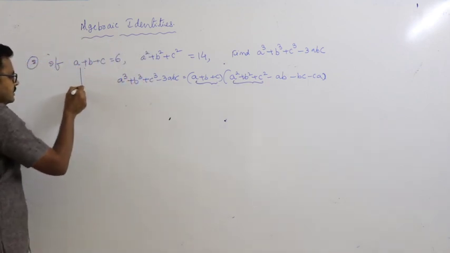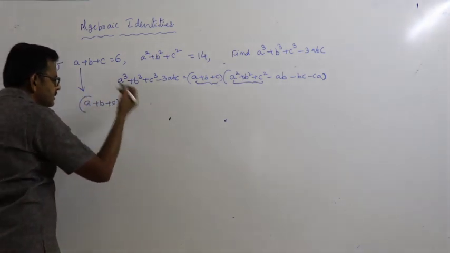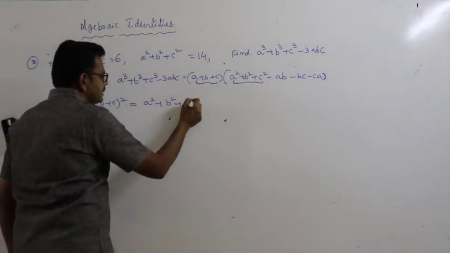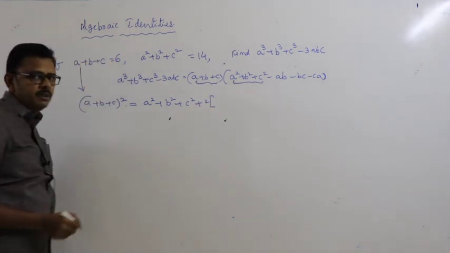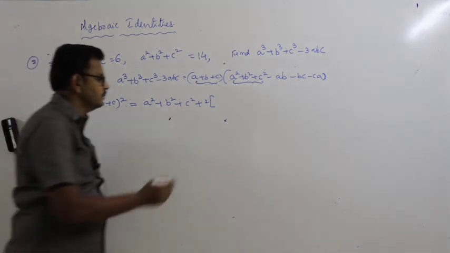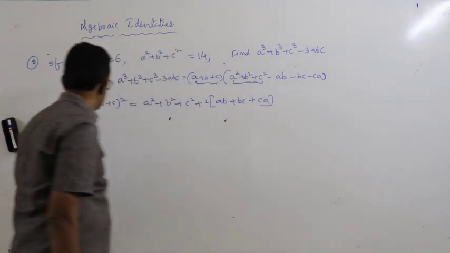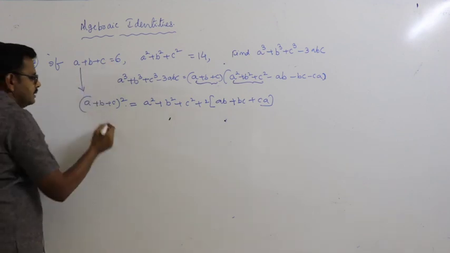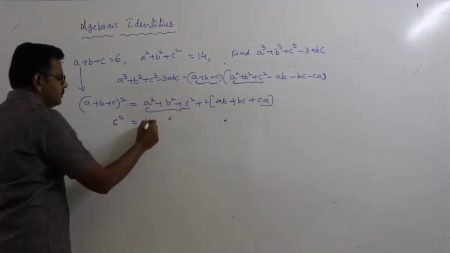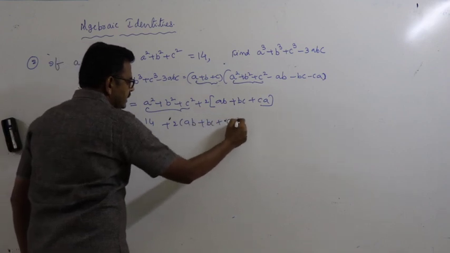For this, squaring on both sides: a plus b plus c whole square is equal to a square plus b square plus c square plus 2ab plus 2bc plus 2ca. Of this I am taking 2 common: 2 of ab plus bc plus ca. Now a plus b plus c is 6, so this is 36, equal to 14 plus 2 times of ab plus bc plus ca.